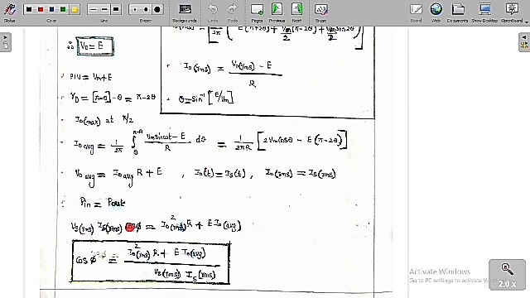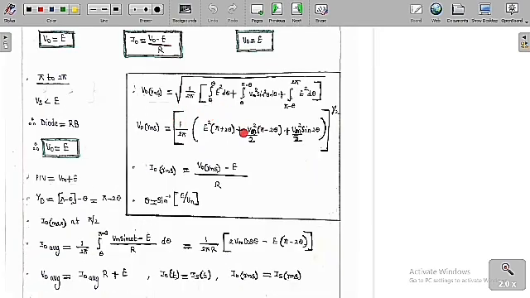So cos phi, finally, is equal to I naught RMS square into R plus E into I naught average by Vs RMS into Is RMS. This is called the input power factor.